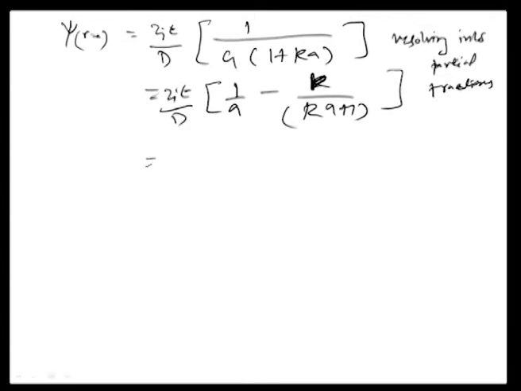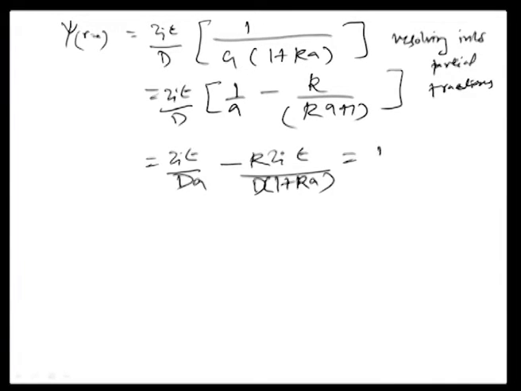And we can represent this as Z I e by d a minus k times Z I e by d times 1 plus k a, and this can further be expressed as plus minus Z I epsilon by d a minus plus, depending on the value of the charge, k Z I epsilon by d times 1 plus k a.